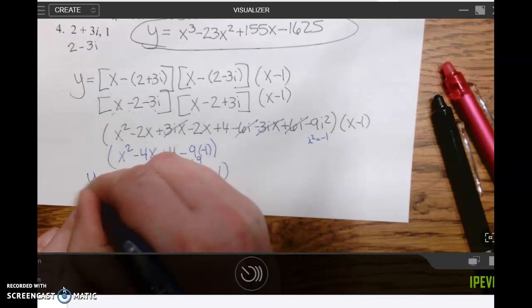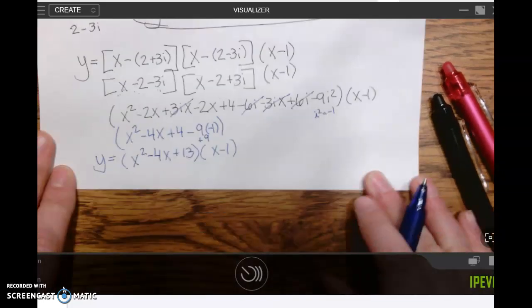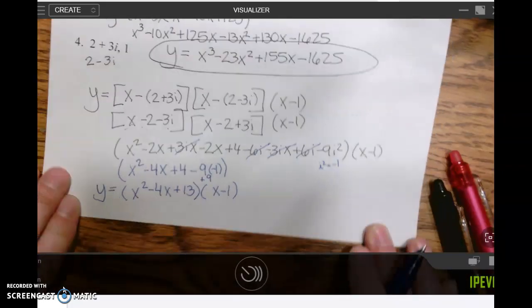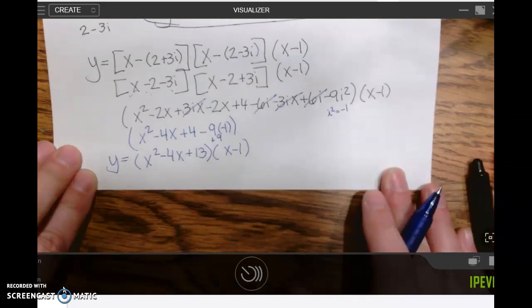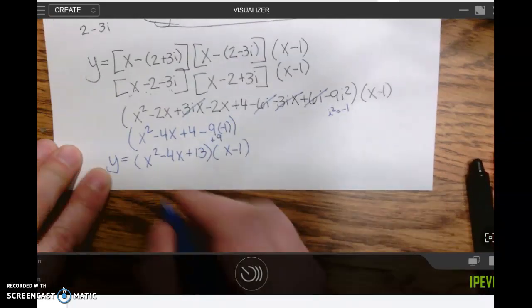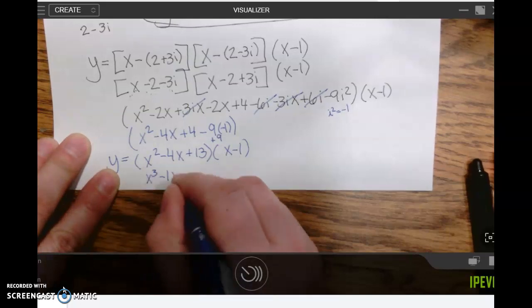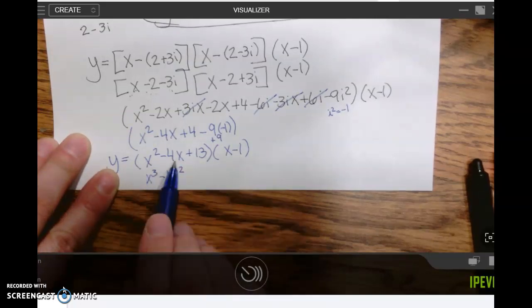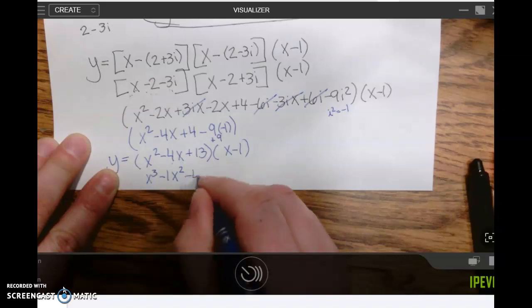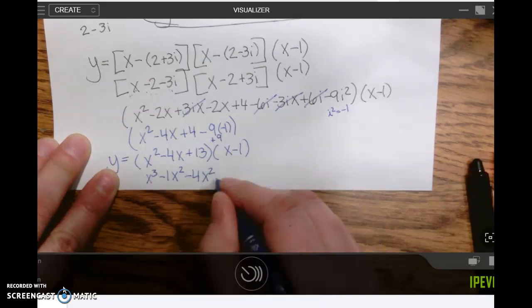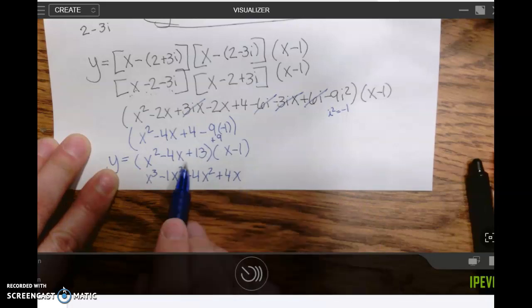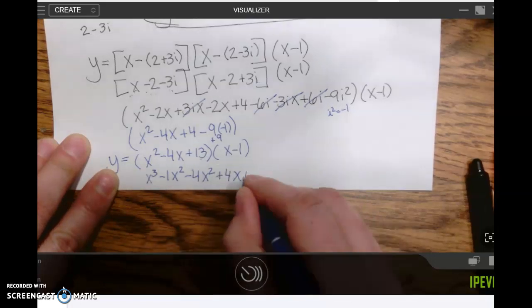And now we are just about done, which is good because I am running out of paper. Oop. Just bumped the document camera. Okay, so x squared times x is x cubed. X squared times a negative 1 is a negative 1x squared. We're done with the x squared. Negative 4x times x is negative 4x squared. Negative 4x times a negative 1 is positive 4x. And then the 13 times x gives you 13x.